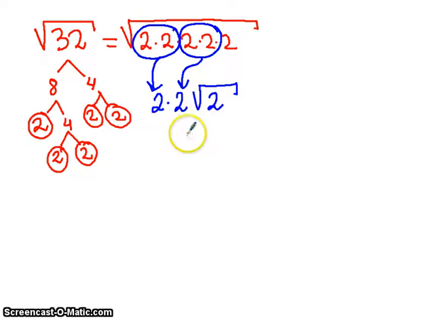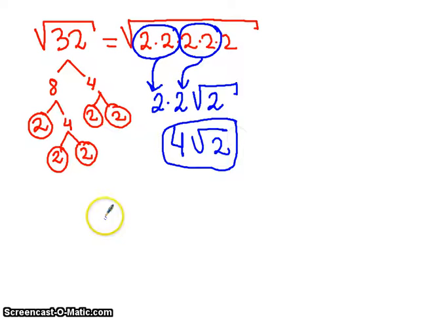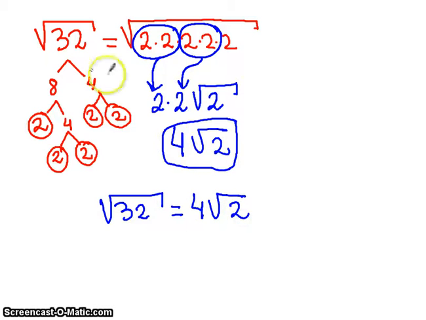So what is the final answer? 4 square root of 2. So the simplified radical for square root of 32 is 4 times square root of 2. So let's call this example 1.